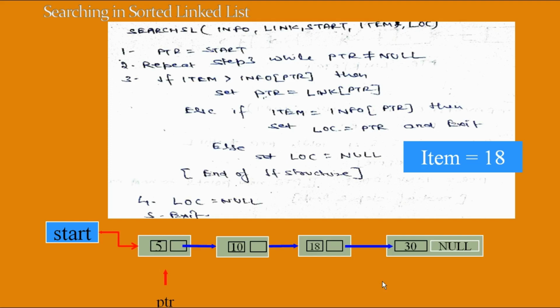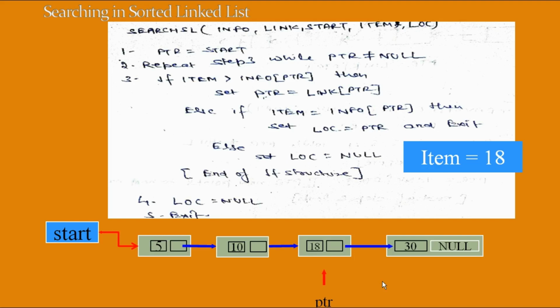If it is greater, then it is moved to the next. Again it is compared, and since the item is greater than the current info field, it is moved to the next node.